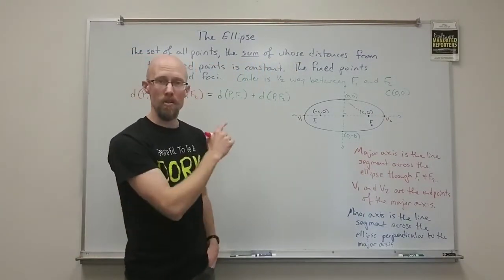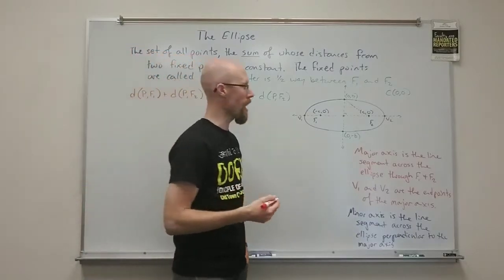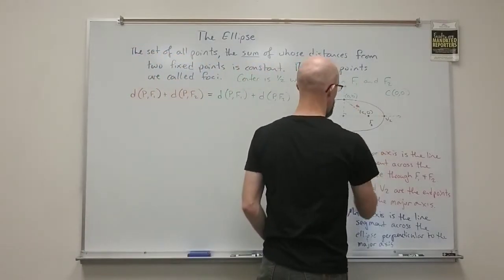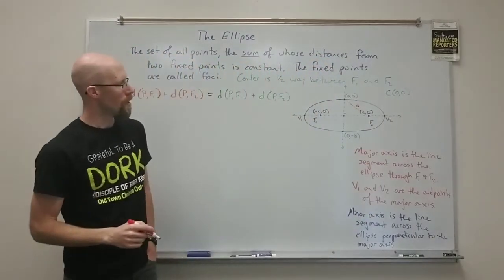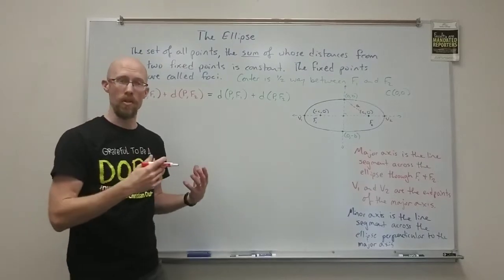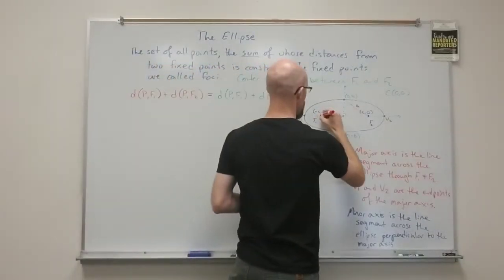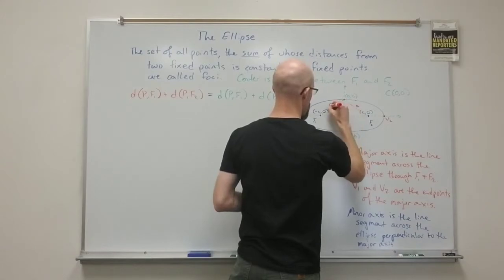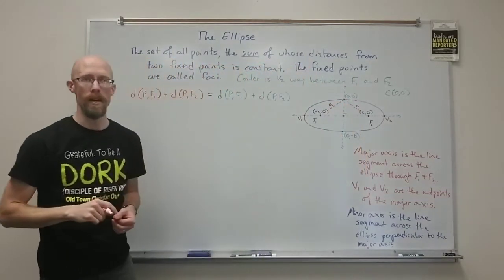And the hypotenuse to that right triangle, I'm going to call a. Now, what's nice is that there's symmetry over on the other side. The same distance is also a.